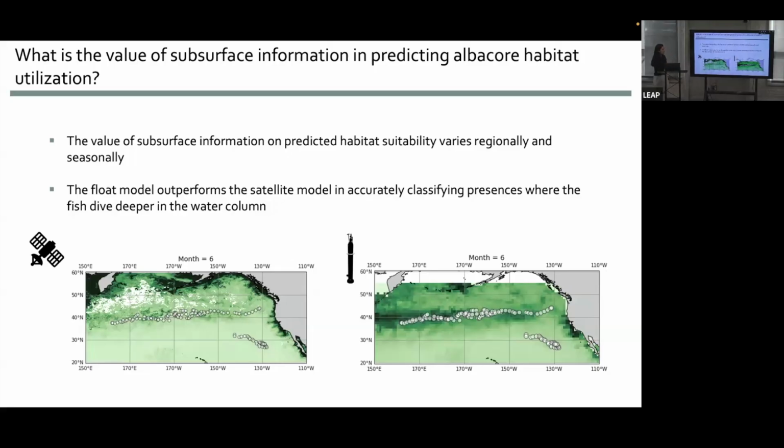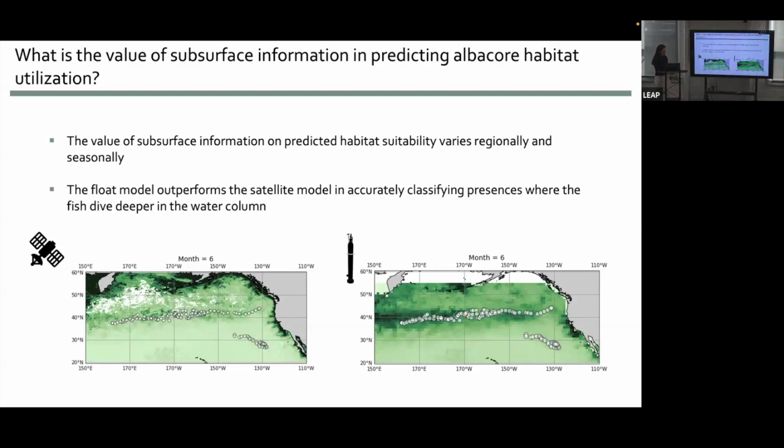We also found that the float model was able to accurately classify presences when the fish dive much deeper in the water column. So this indicates that subsurface information is helping to constrain habitat use, especially when that information isn't readily obvious from surface satellite information.